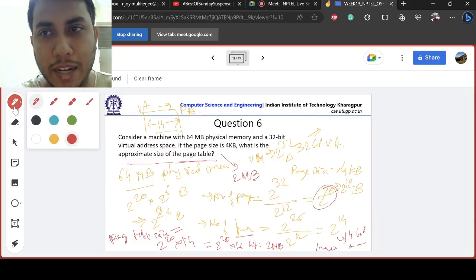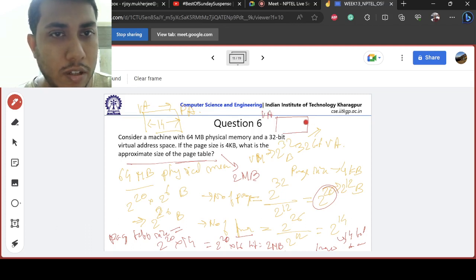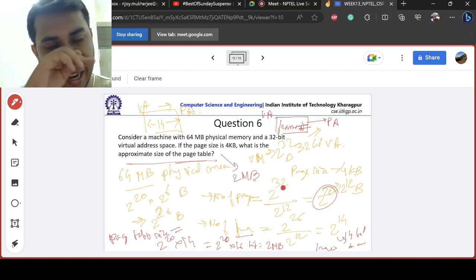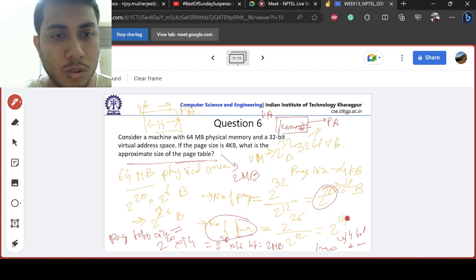So it basically boils down to what a page table does. The page table translates a virtual address to a physical address. Each page table entry will contain the frame number, right? So what is a frame number? A unique identifier for each frame. The total number of frames is 2 to the power of 14.